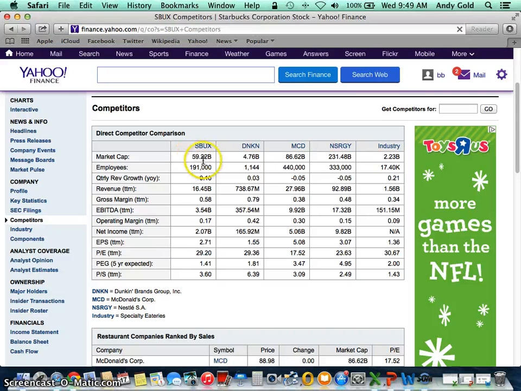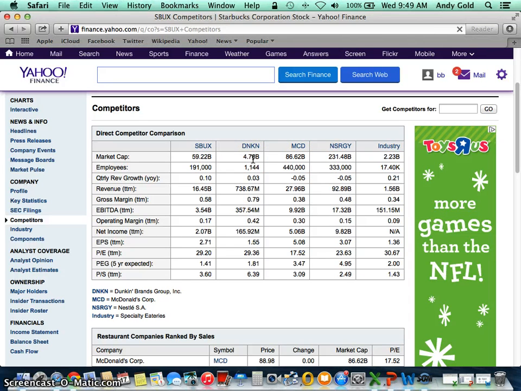But when we compare the market capitalization of Starbucks with that of Dunkin' Donuts, it becomes a little more interesting because we can see that Starbucks is a significantly larger corporation than Dunkin' Donuts. McDonald's is a larger corporation than Starbucks, although they're similar in scale. And then you've got Nestle, which is way larger than both McDonald's and Starbucks, and of course Dunkin' Donuts.